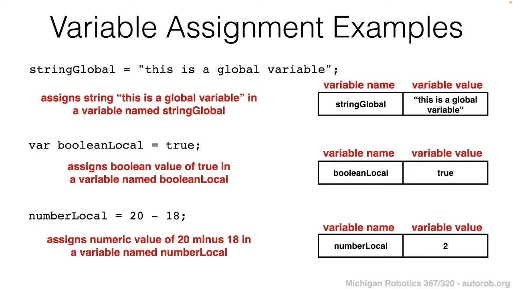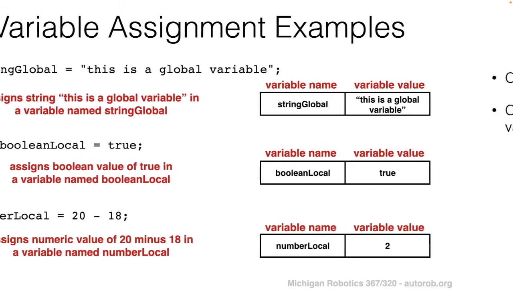Because we didn't use the var keyword in front of the variable name, this will be a global variable. Contrast that with the second example, where we use the var keyword to say var boolean local is assigned true. In this case, the variable name is boolean local, and the variable value is true. Hopefully this makes it a little bit clearer.